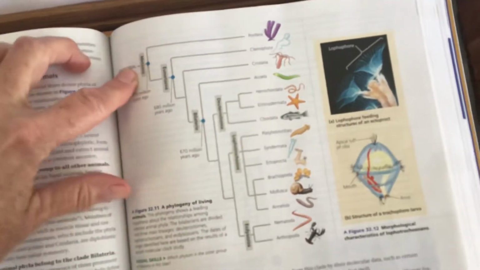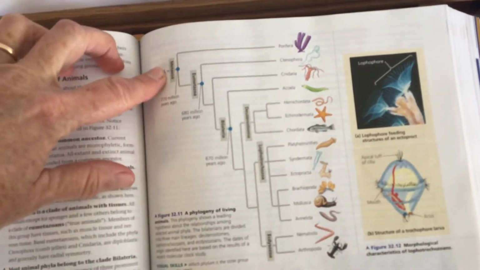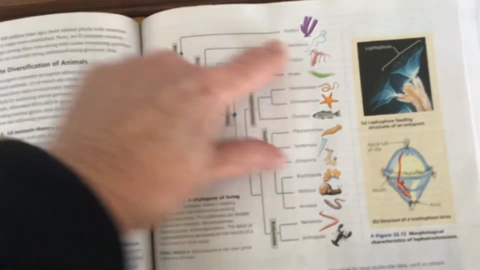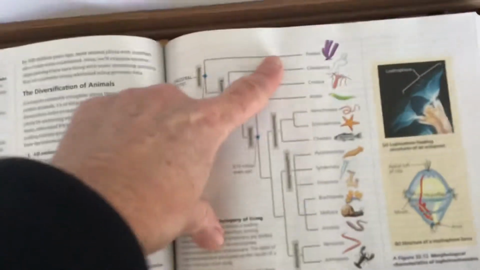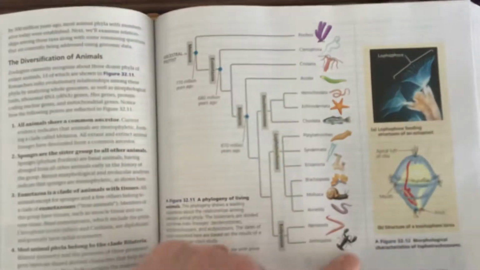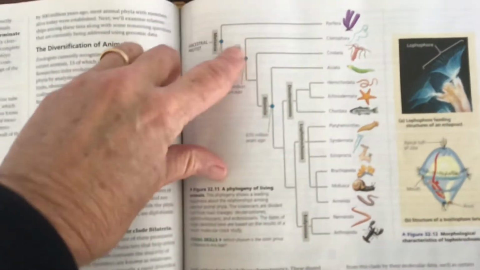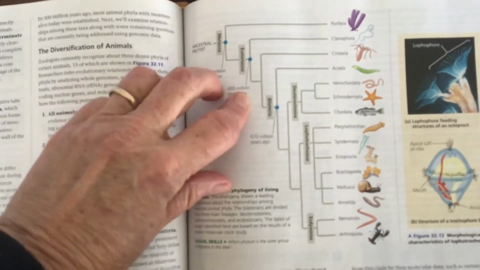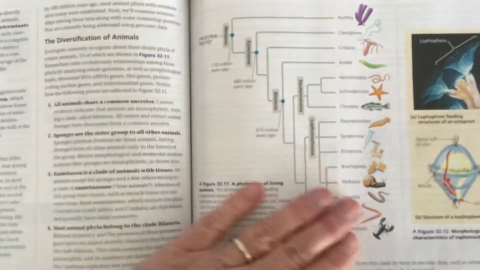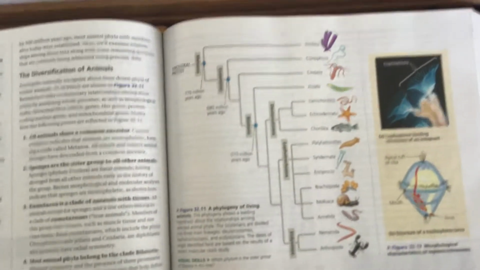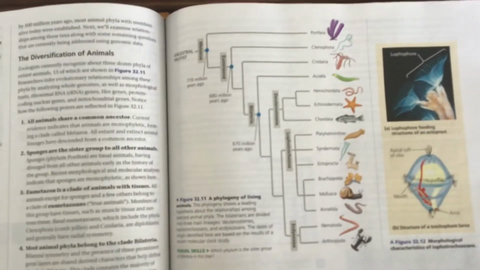So this is talking about the metazoa, all right? So it's saying sponges, okay? And what I like about this one is it has little pictures here that are showing you what these guys look like. And then everything else is eumetazoa. All right, so we're talking about all of these groups are eumetazoa, all right? And we are going to cover most of the ones that are in this diagram.